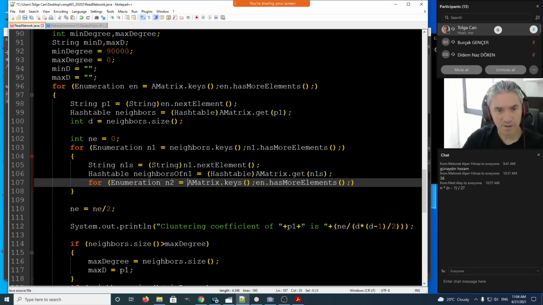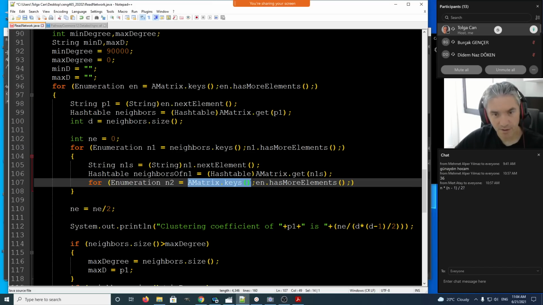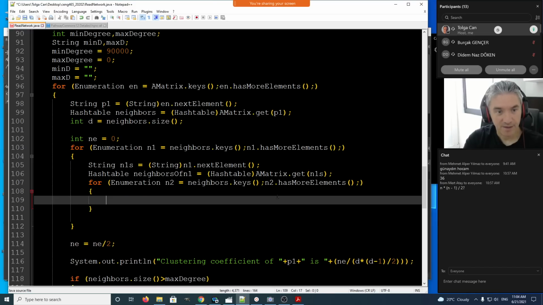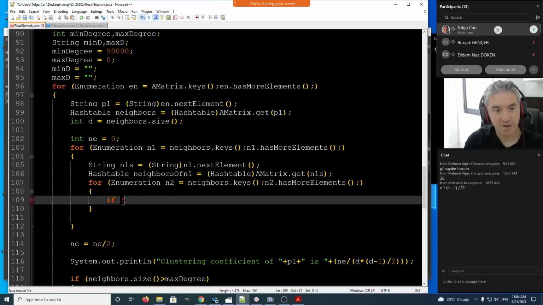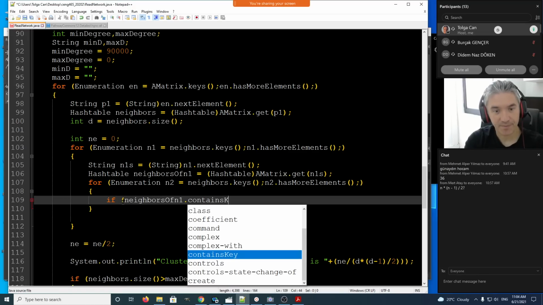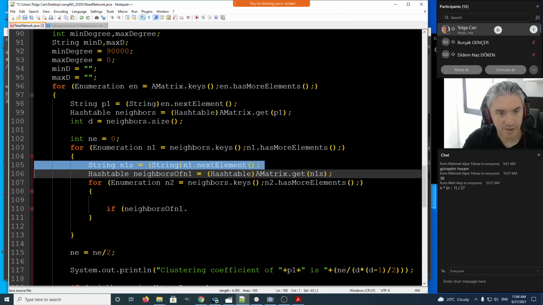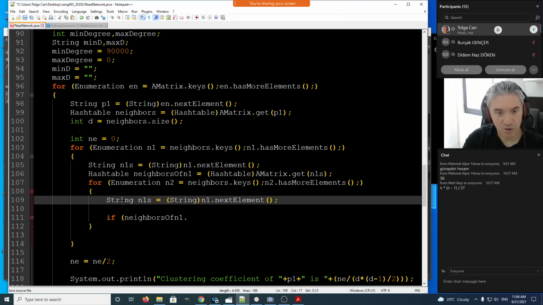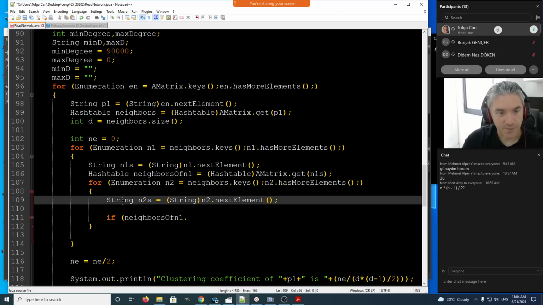I have to go over the neighbors of the original one, or neighbors of P1, again in the second for loop, and check whether the neighbors of n1 contains the key. It's not complex, so let's get the string here too, which is n2's, n2 dot next element. Sorry, this is going to be n2s.